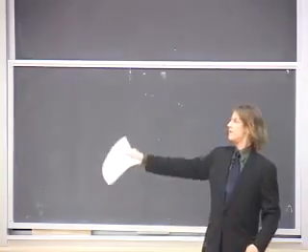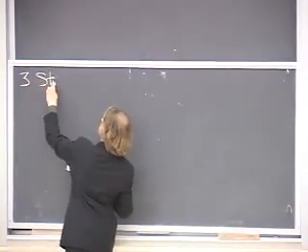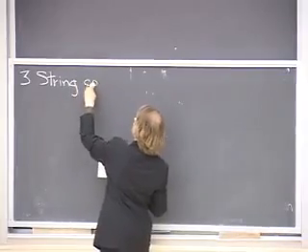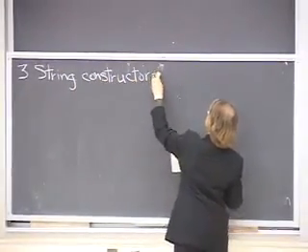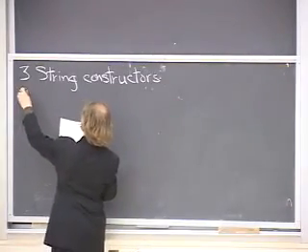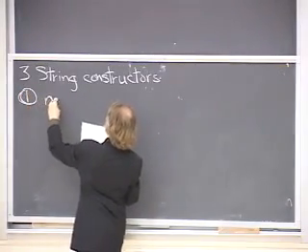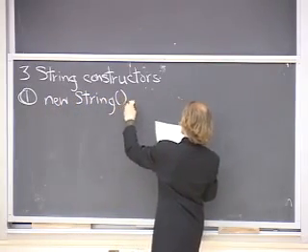All right, so in these little examples here, we've actually seen three different string constructors. The first one, we just type new string, open paren, close paren.